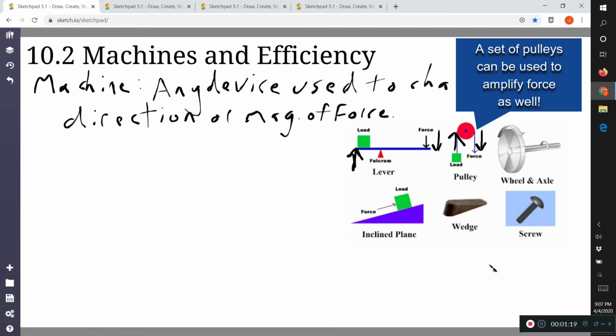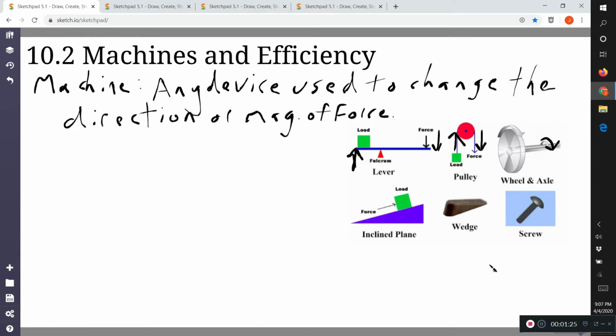The wheel and axle, we're generating a force around the distance of the axle to generate a different amount of force around the distance of the wheel. Inclined planes, we're looking to move an object upward, but we settle for using less force over a longer distance to move it up the ramp.